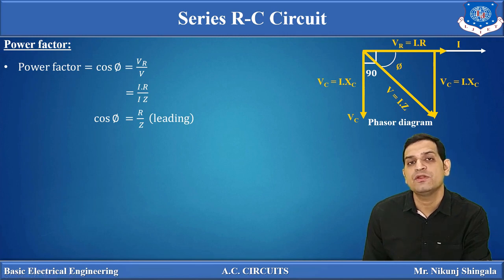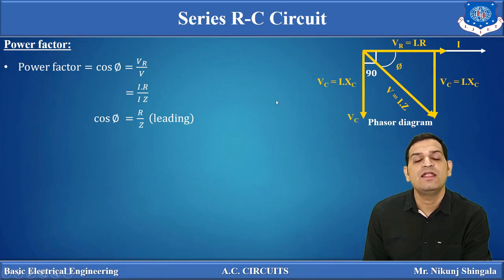So the final expression of cos phi, the power factor for the series RC circuit, is R divided by Z. In brackets we have to write leading, because for a series RC circuit the current leads the voltage by some angle phi. So this is how we can find the expression of power factor from the voltage triangle.